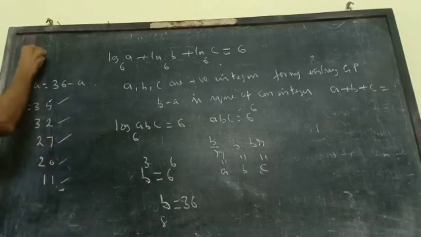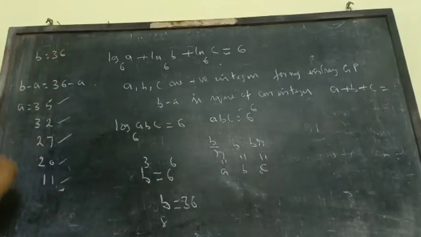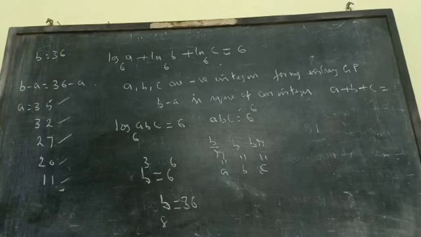Of course, B is already 36 for you. Possible values of A are like this. You should remember that C is also an integer.